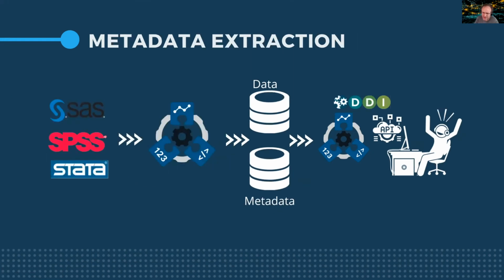The last use of DDI that I'm going to mention, and that Andrew is going to demonstrate some of, is that we can also extract metadata from other packages. If you have a SAS or SPSS file, you can load it into RDS, then we will read the metadata that exists in this file format, and then extract and publish it into RDS.